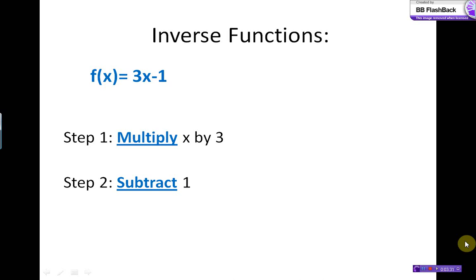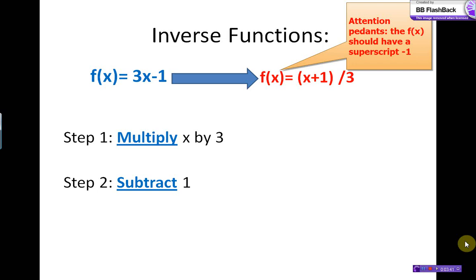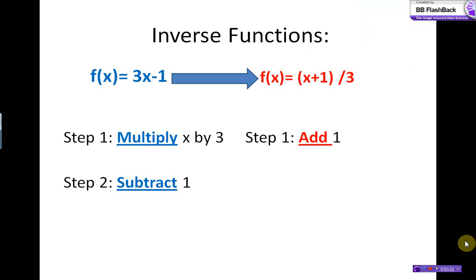Now if we take the inverse of the 3x minus 1 equation, which I assume most of you watching know how to do, we're going to get the equation (x plus 1) over 3. And notice that when we take the inverse function of 3x minus 1, the first thing we do now is we add 1.